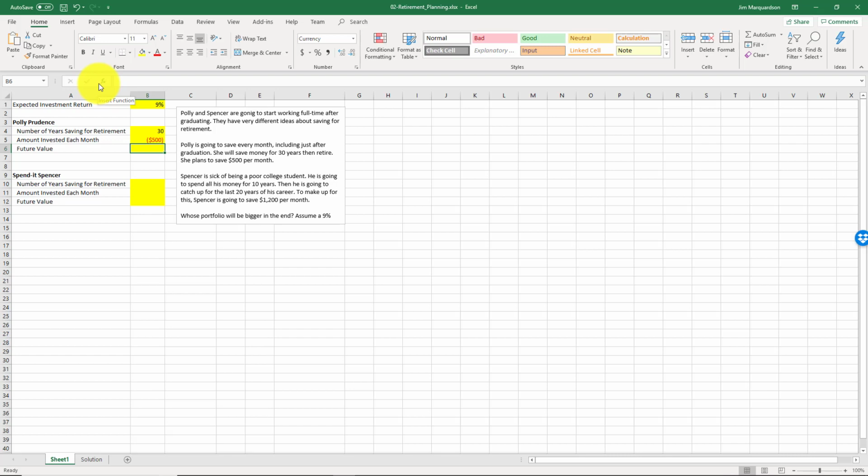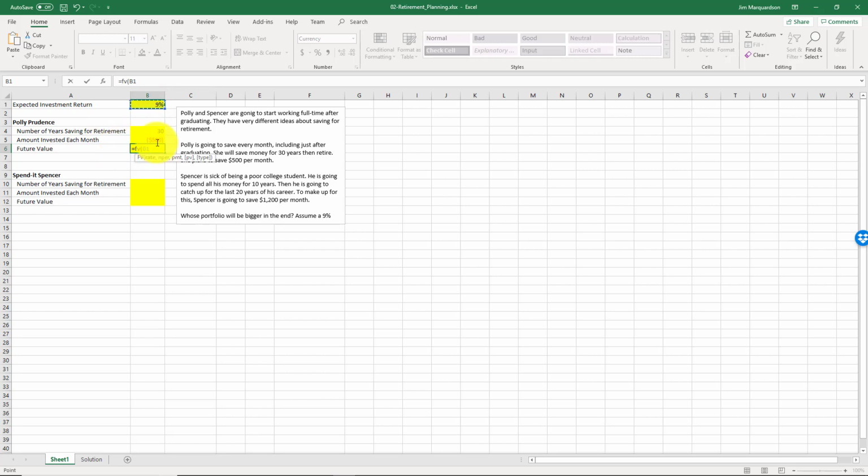So let's look at the future value of this investment. Here we are in cell B6. We can type this formula a lot of different ways. I'm going to say equals FV. I want the future value. So the rate, we've got 9% here, but this is an annual return.